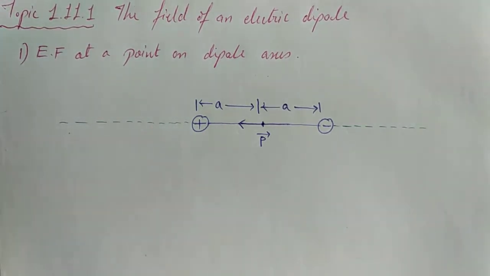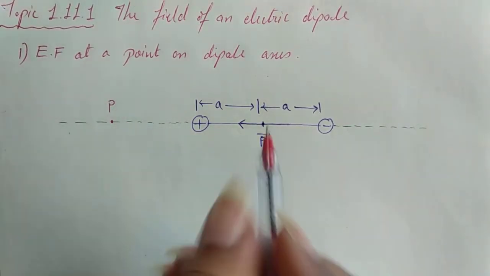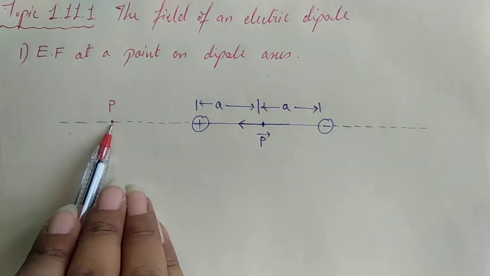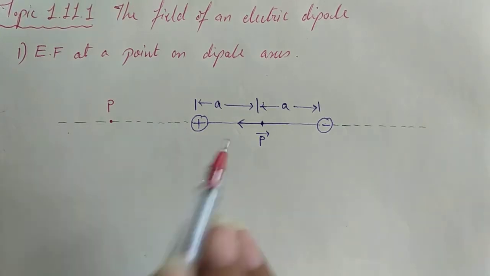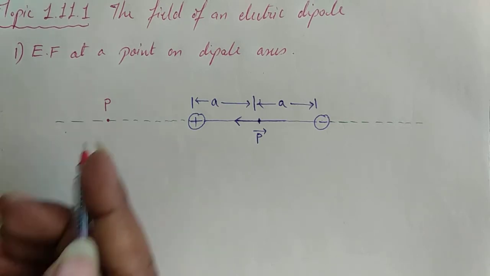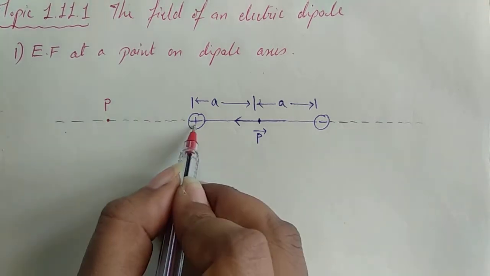Now we need to calculate electric field at this point P over here due to this dipole. So what we will be doing, we'll be calculating electric field at point P due to positive charge, then due to negative charge, and then we'll be adding both the values of electric field to obtain total electric field. So first we'll draw the directions of electric field at this point due to both the charges.